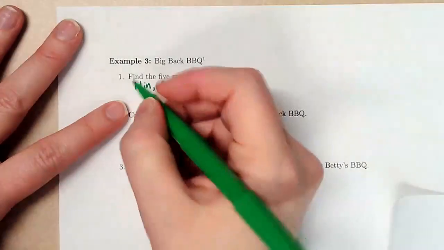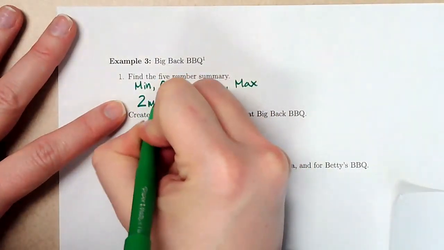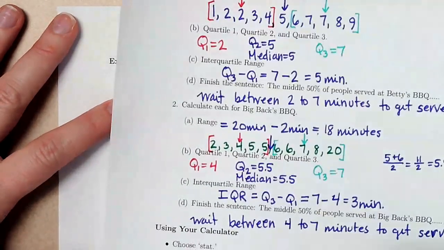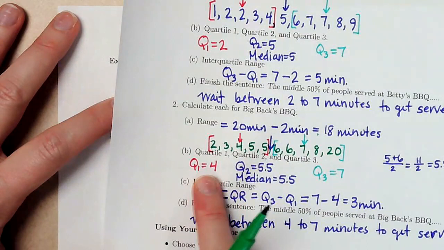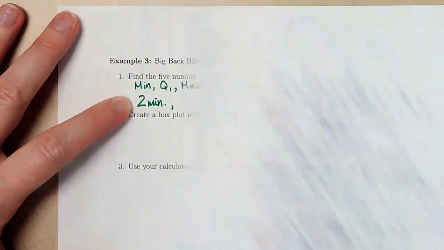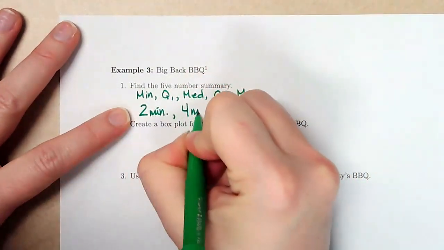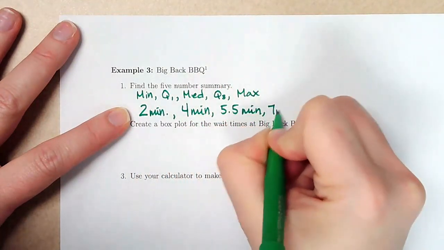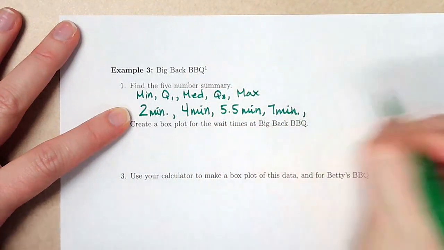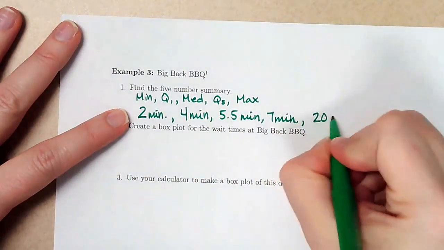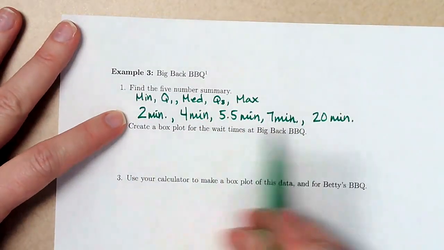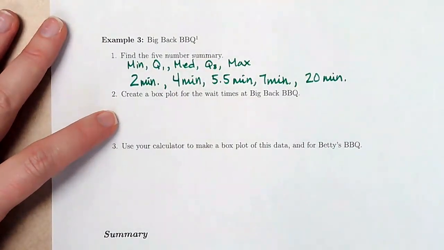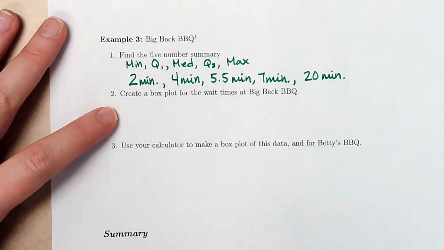Our min was 2 minutes. Okay, quartile 1 was 4. So I see 4, 5.5, and 7. 4 minutes, 5.5 minutes, 7 minutes, and then the maximum was 20 minutes. Here is our 5-number summary for Big Back's data on wait time.